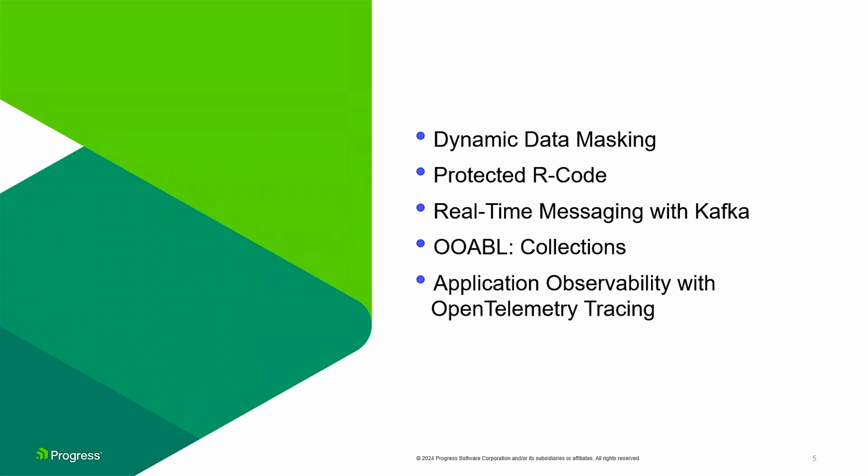And last but not least, we have Anil Kotha, who will be covering OOABL collections and also application observability with OpenTelemetry, which will enable you to better monitor and optimize your OpenEdge applications. We're looking forward to getting your feedback and addressing any questions that you may have about the features. So without further ado, I'll pass it on to Alex to get us started.